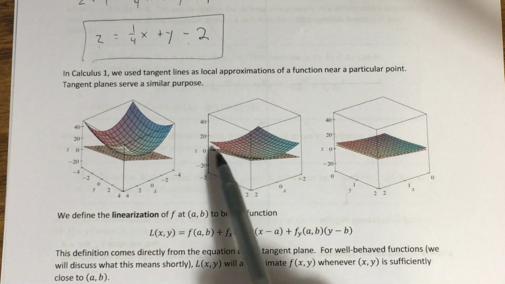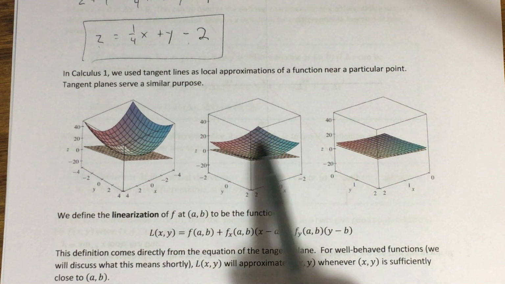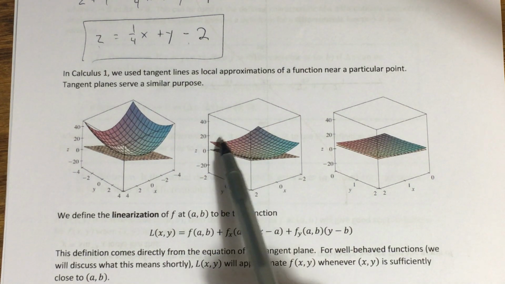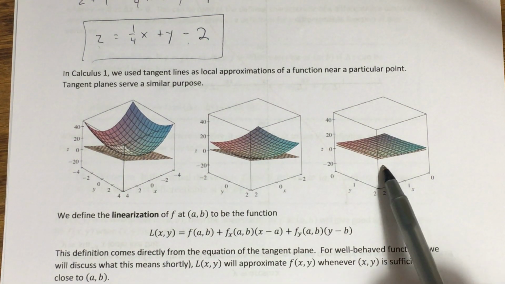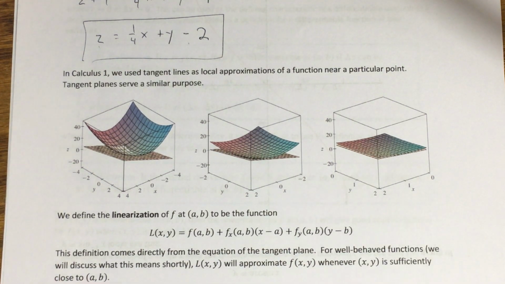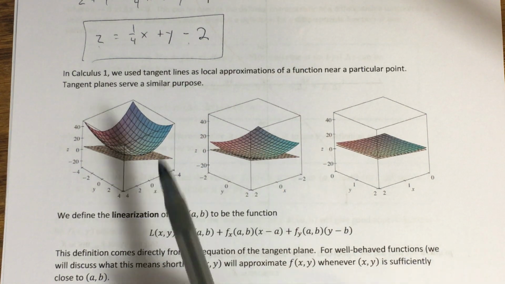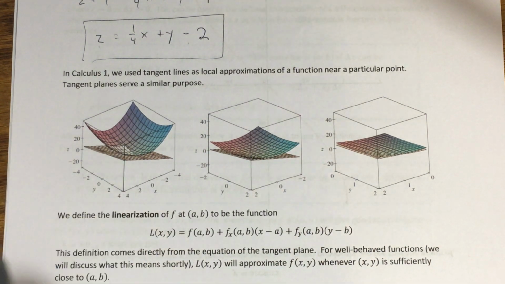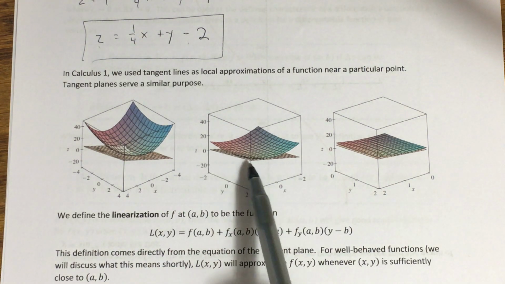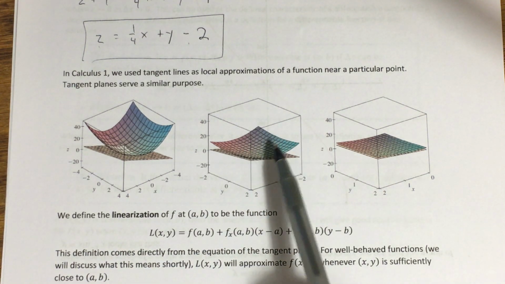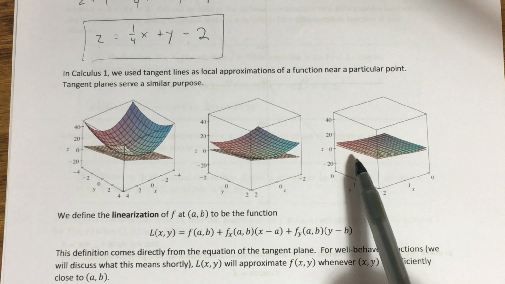And if we zoom in, we see that the surface that we're taking the tangent plane to is appearing flatter than it did over here. And then if we zoom in even more, it seems to flatten out even more. The idea is that once we zoom in close to the point that we computed this tangent plane at, the tangent plane and the surface look very, very similar to each other.